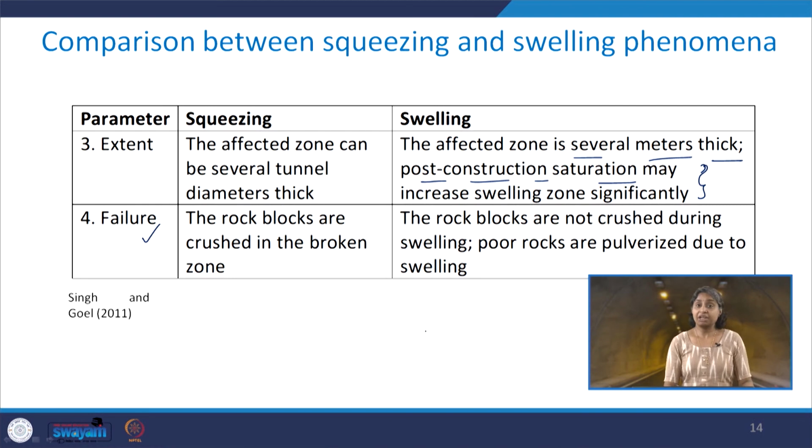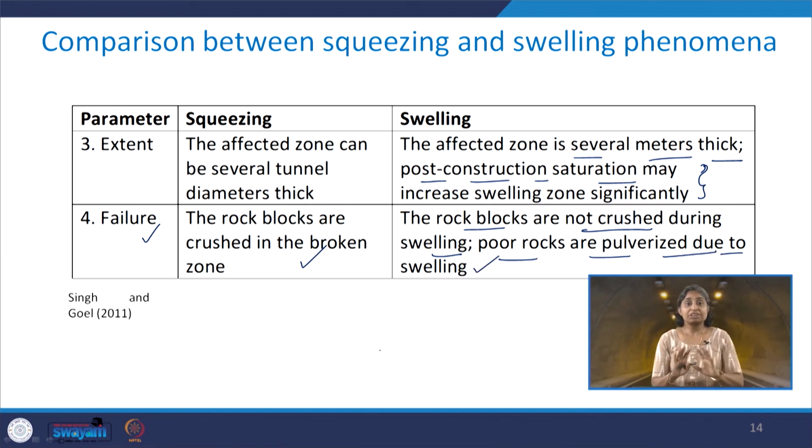Coming to the failure, the rock blocks are crushed in the broken zone as far as the squeezing ground condition is concerned. However, in case of the swelling ground condition, these rock blocks are not crushed during swelling, but poor rocks are pulverized due to swelling. So, there is a difference in the mode of failure as well.